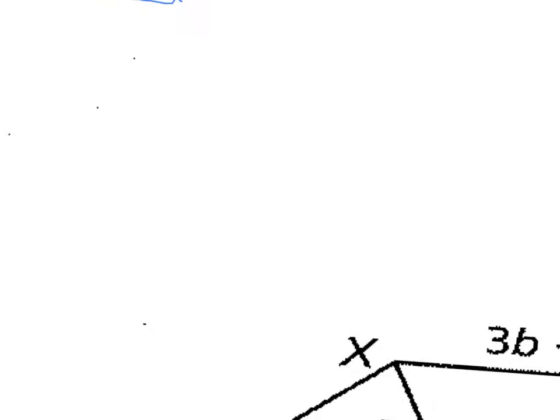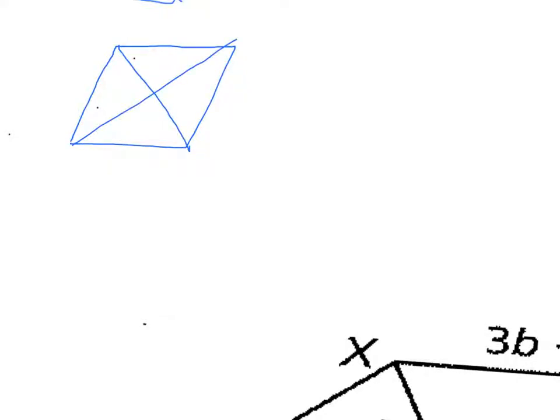Okay, the next one that I want you to write down is that in a rhombus, each diagonal bisects each angle of the rhombus. So if you have a rhombus, your diagonals would bisect those angles that they come from.